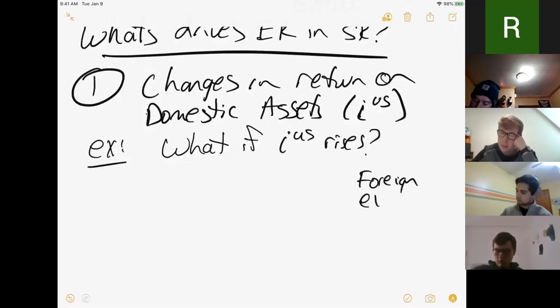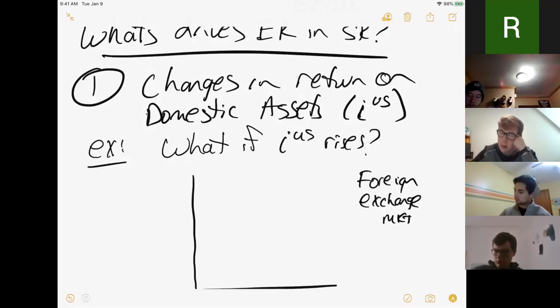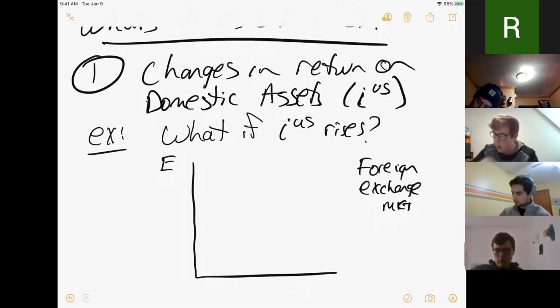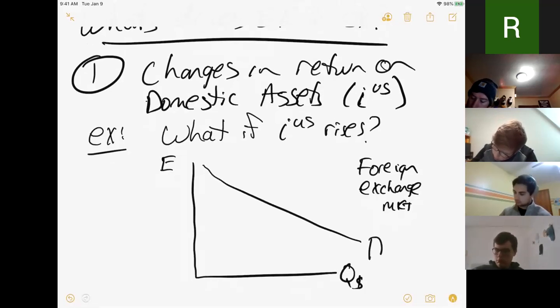a very simple foreign exchange market here, where we have the price of a dollar and the quantity of dollars. This is a big market. We have the demand for dollars, and we have a supply of dollars.